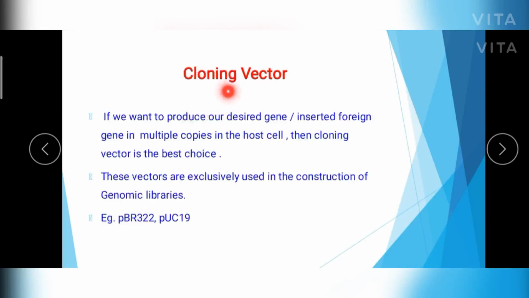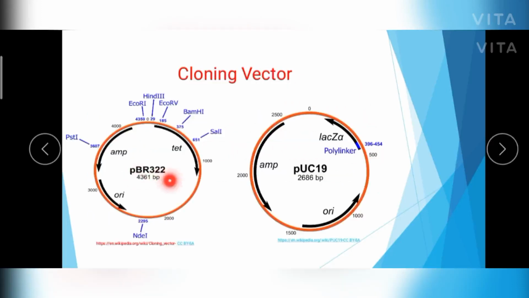If our goal is to produce the inserted gene in multiple copies, then you will select a cloning vector. Here the examples are pBR322 and pUC19 vectors. These cloning vectors are used to multiply the inserted gene in more copies.